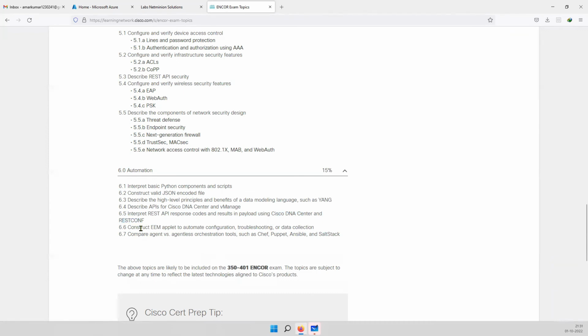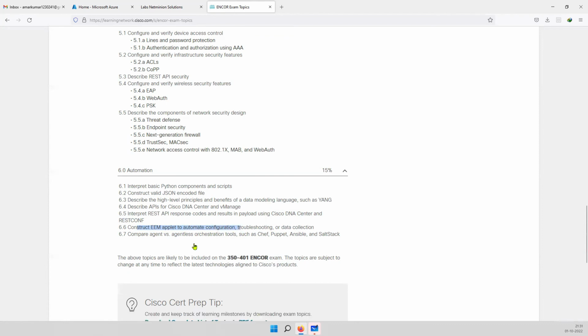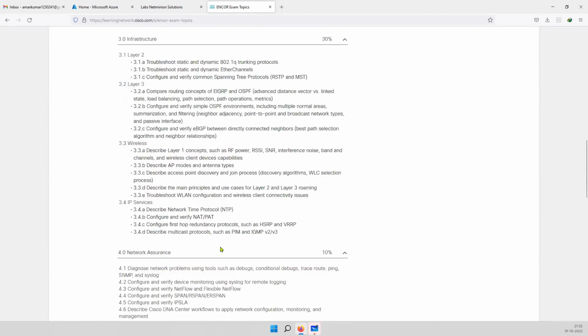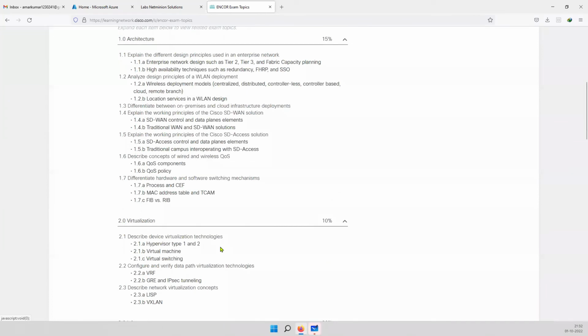And finally, we are going to talk about constructing EEM applets for automating configuration, troubleshooting, and data collection. And then we are going to talk about different types of agents that are installed into the router, such as Puppet, Ansible, or SaltStack. These are the agents. So this is the overall syllabus that we are going to discuss.